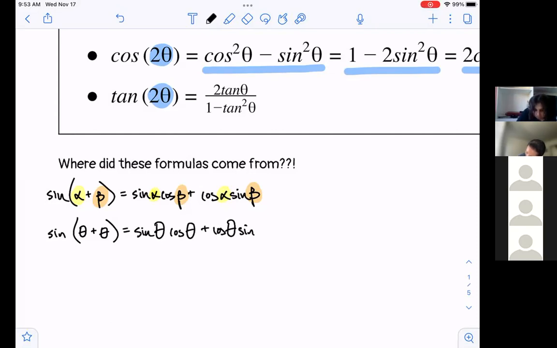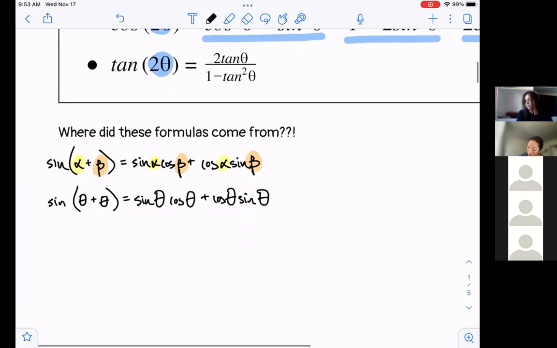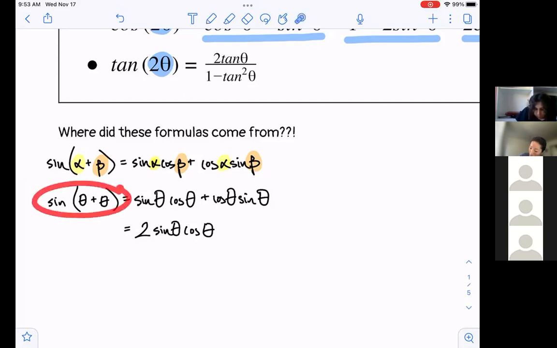Beautiful. Thank you. All right, so we have this, but one thing we might notice, I have a sine cosine, and separately, I have a cosine sine. These two are the same thing. So really, I have two of the sine theta, cosine theta. And another way that I can write sine theta plus theta is sine of 2 theta.